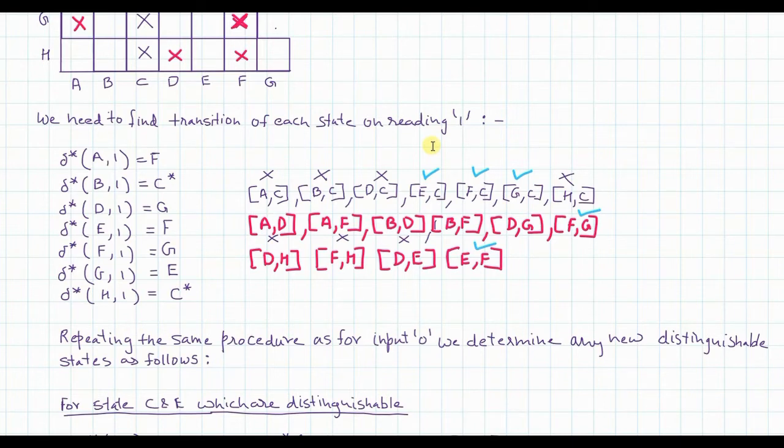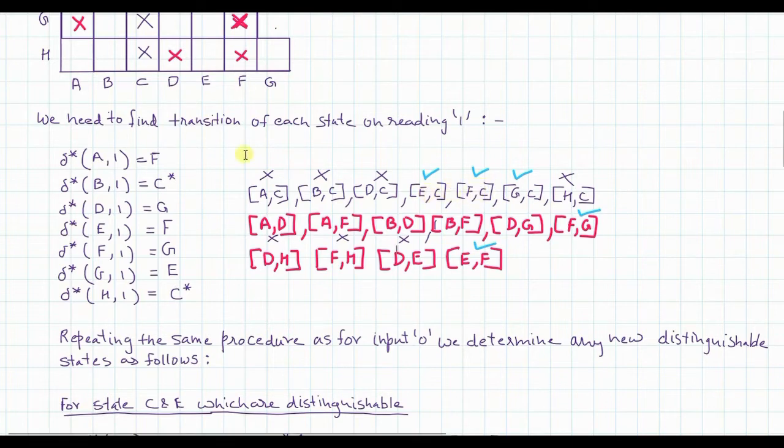How do you know? Because in these pairs you find that both the members of the pair appear on the right hand side. For example, E comma C: E appears on the right hand side, and C also appears on the right hand side. That's why the E comma C pair will give you a new distinguishable state, which we are going to see next.